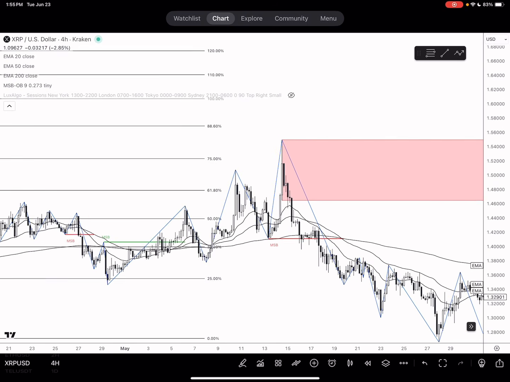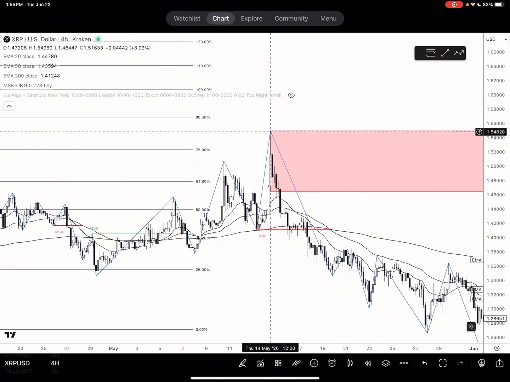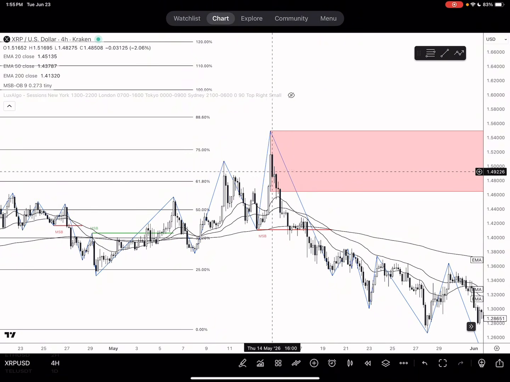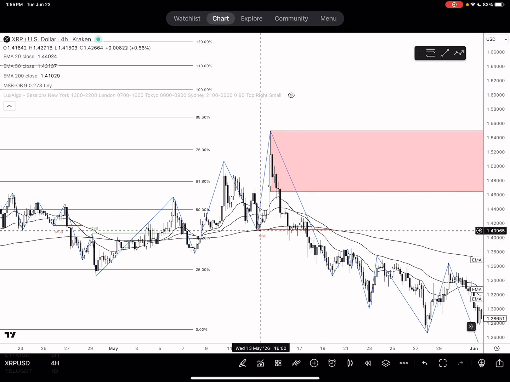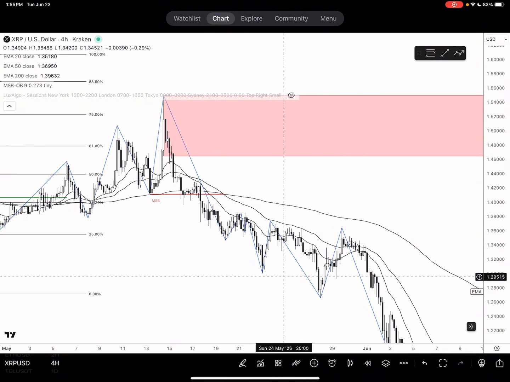But ultimately it was just a false move to wipe out sellers, then get people to have FOMO to chase the buys, and then ultimately we get the slight break below support, comes back above, and then closes back below, and the rest is history from there.